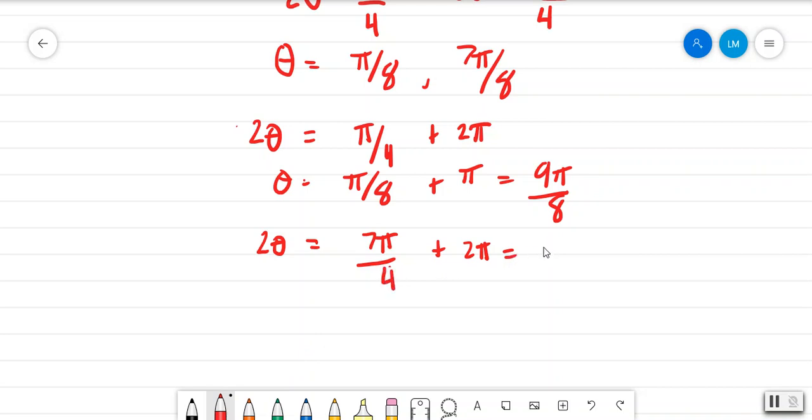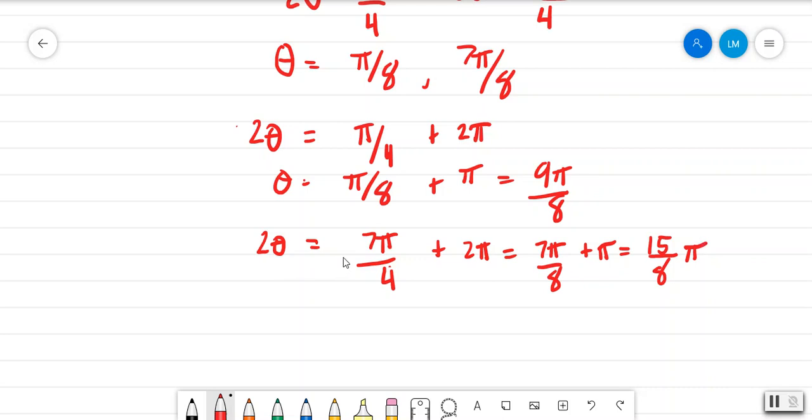This is going to be equal to 7 pi over 8, and that's plus pi. But that gives you 15 pi over 8. Now notice that we are within bounds of the unit circle, from 0 to 2 pi.